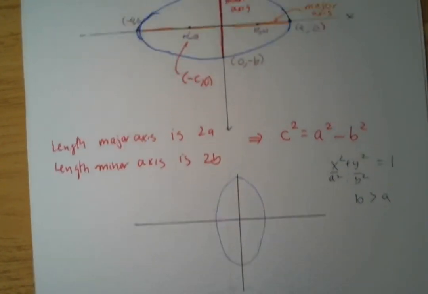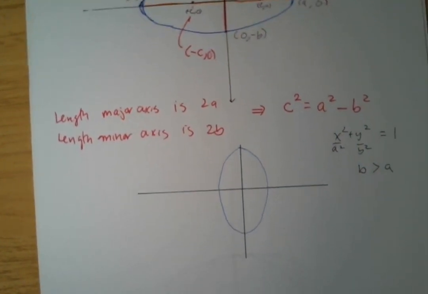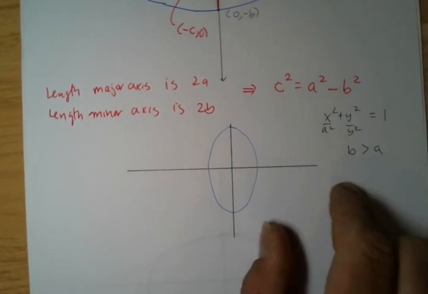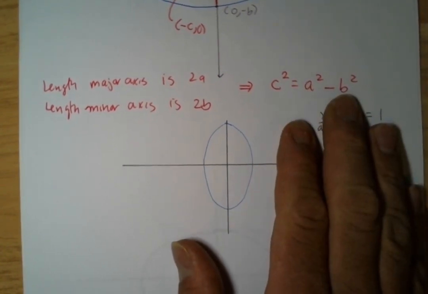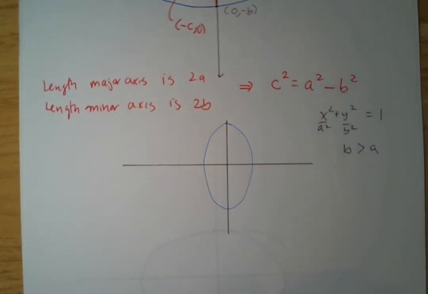Okay, so now notice the difference, right? It's elongated now along the y, when the b value is greater than the a value. All right, but the relationships are still going to be the same here.